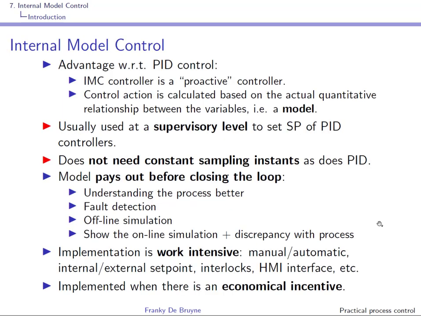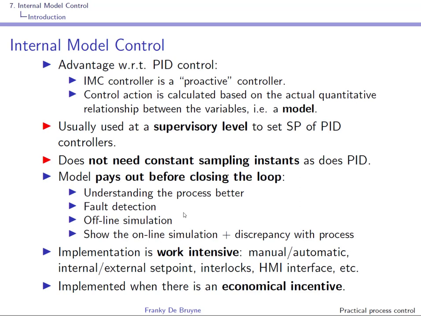If we now compare internal model control and PID control, we will see that the internal model controller is a proactive controller since it is using a model, so a relation between MV and PV, whereas the PID controller is using the control error, so it is a reactive controller. The IMC controller is usually used at a supervisory level to set the set points for the PID controller.